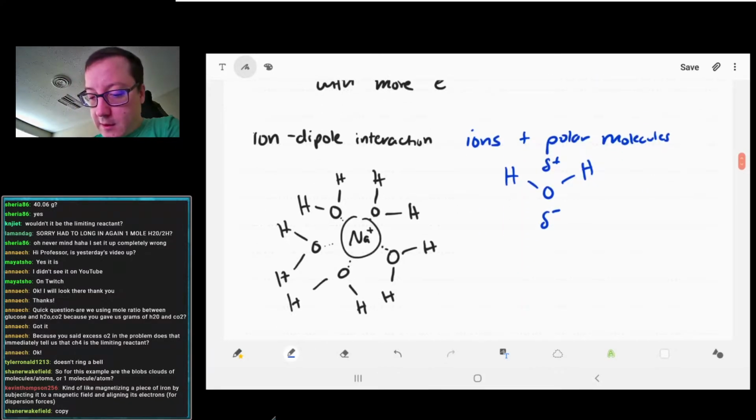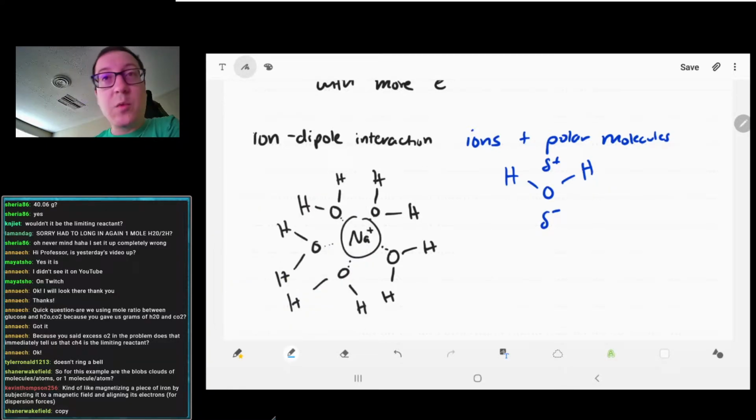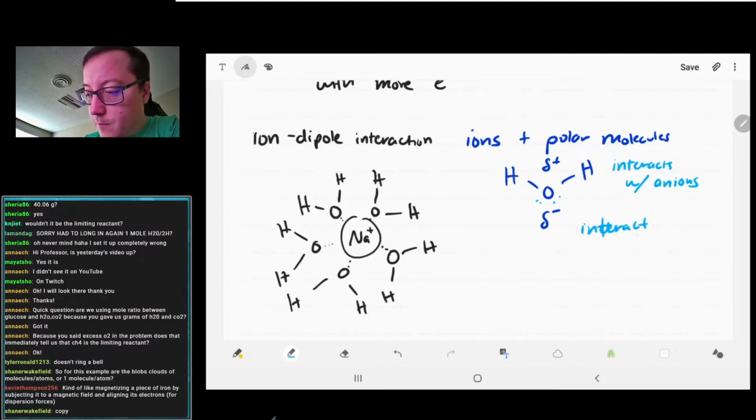So, since water is polar, that's our typical solvent here. Water is positive on one side, negative on the other side. The positive side can interact with anions. And the negative side, the oxygen side, can interact with cations.